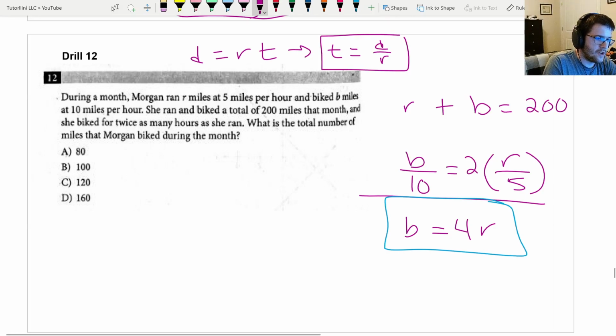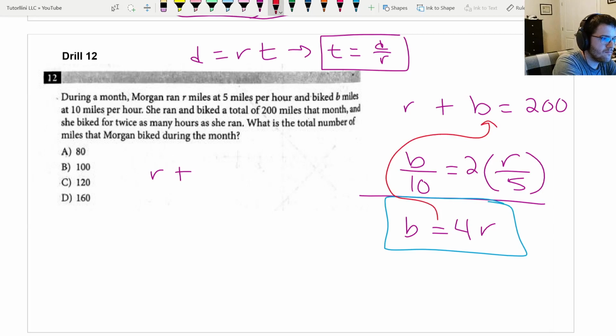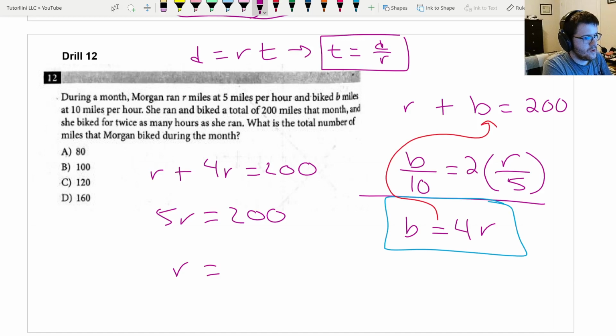That should be a lot nicer. Okay, so now we can do R plus 4R equals 200. So 5R equals 200. So R equals 200 divided by 5, which is 40.